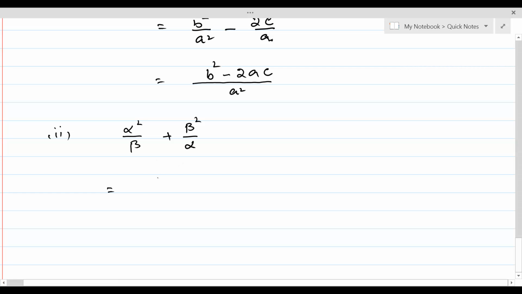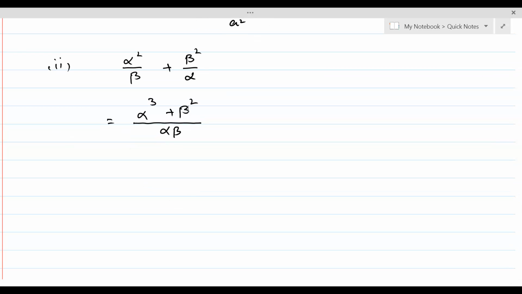So let's simplify this by taking LCM. The denominator will be alpha beta, and the numerator will become alpha cube plus beta cube.